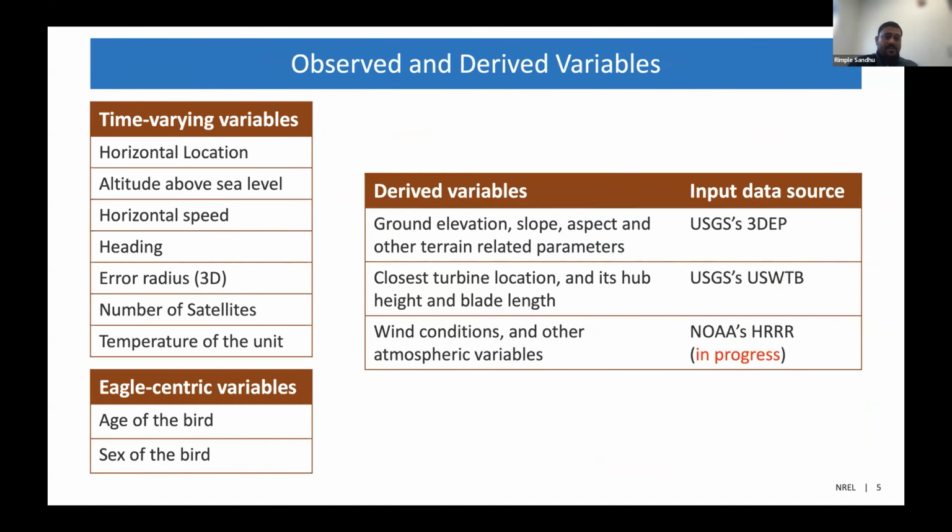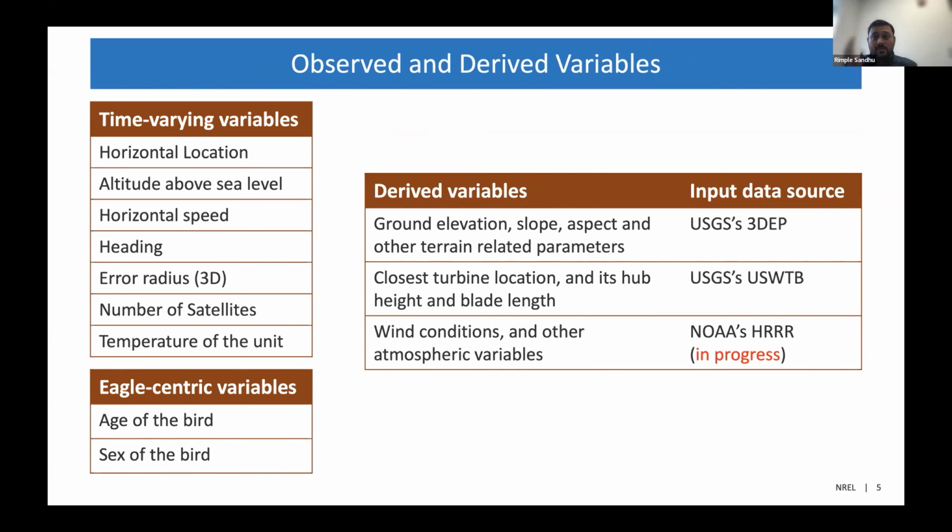So what do we have in this data? We have time varying variables, so horizontal location X and Y in a projected coordinate system. We use the North America Albers equal area conic projection. We also have lat long, but we deal with the X and Y coordinates in meters. We have altitude above sea level. We have horizontal speed that's captured by the unit. It's not the finite difference one, it's the actual measurement from the unit.